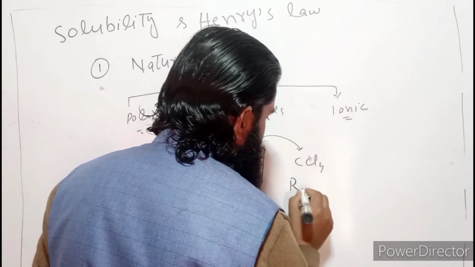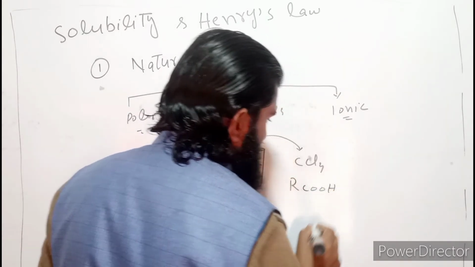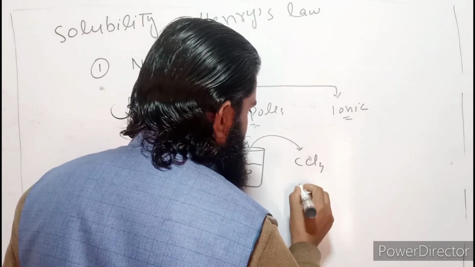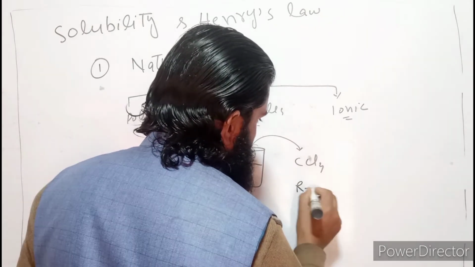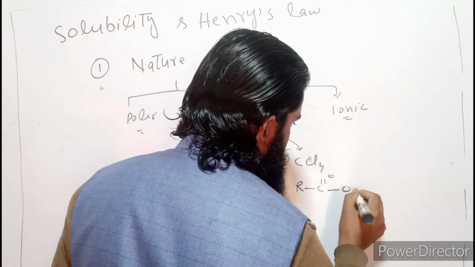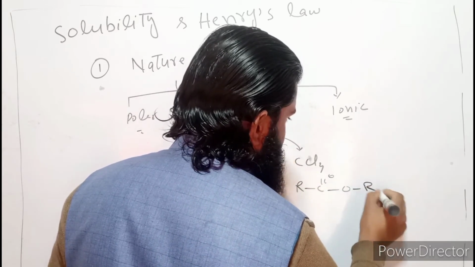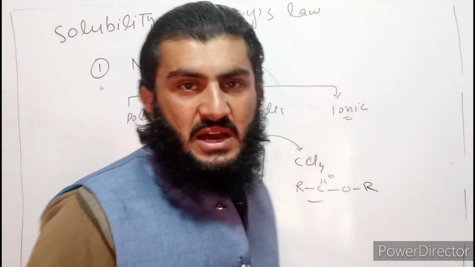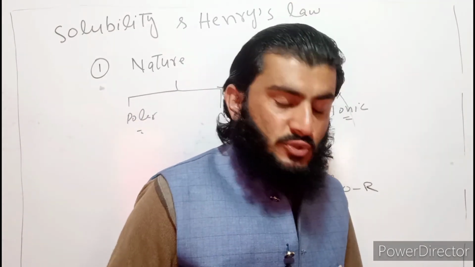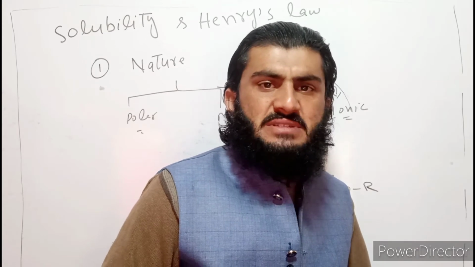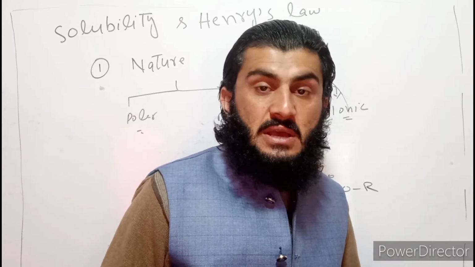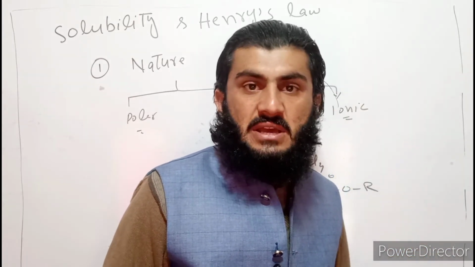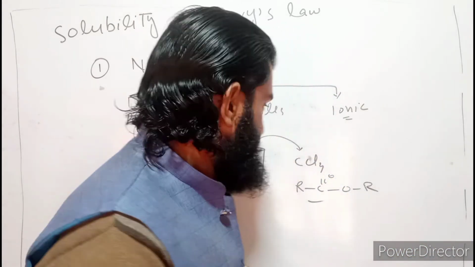If I dissolve carboxylic acid, or ester, or waxes or oil, there are some oils which can be soluble up to some extent, but their solubility is very minimum or negligible because they have different nature.